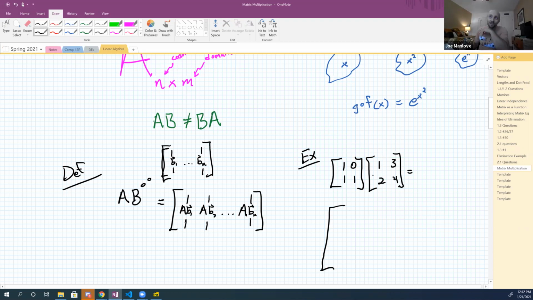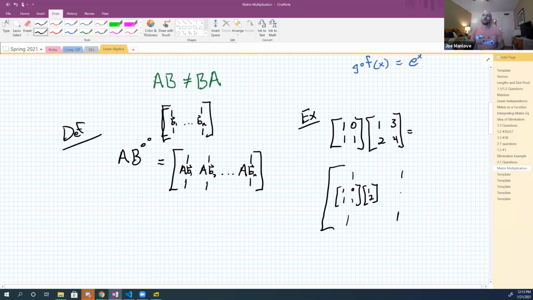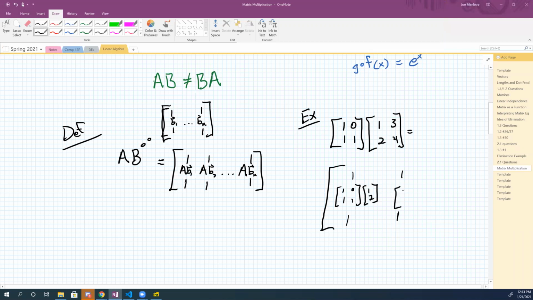How about what's the first column of this matrix? 1, 2. Good. So the first column of my result matrix is going to be 1, 0, 1, 1 multiplied by 1, 2. You guys see that? And then my second column is going to be what? 1, 1, 0, 1 multiplied by 3, 4.